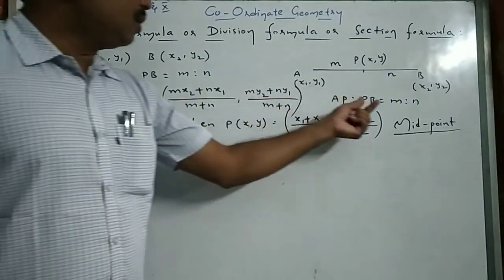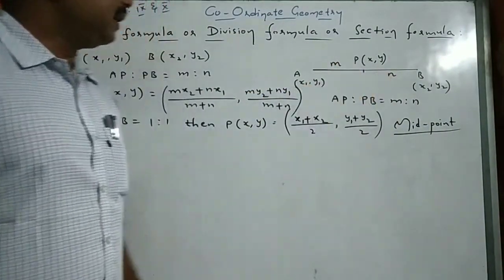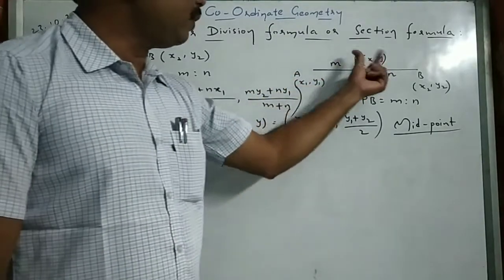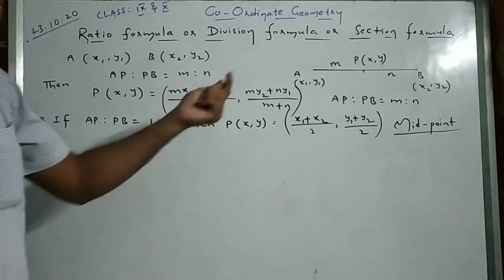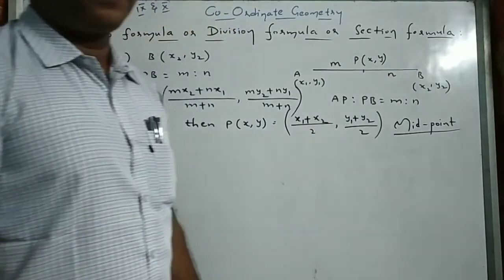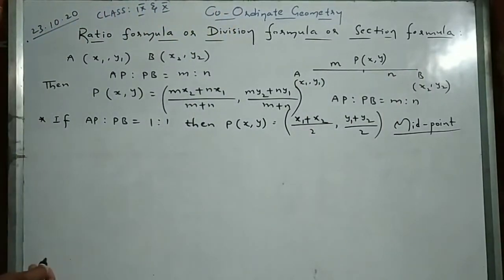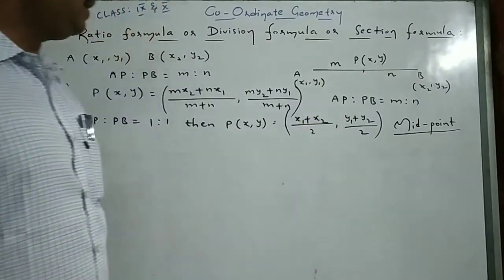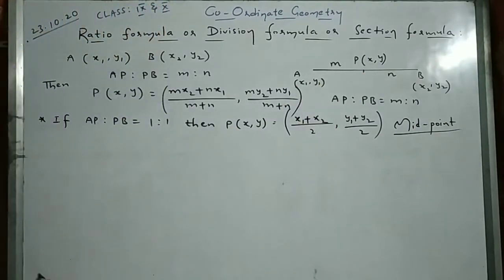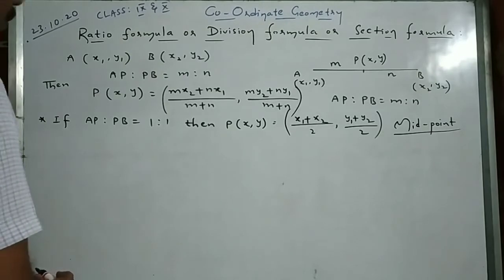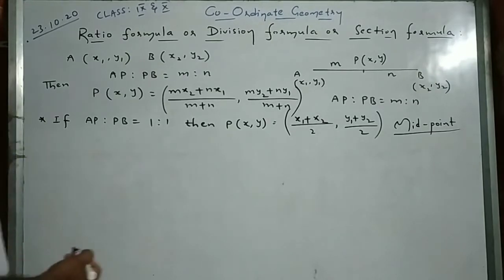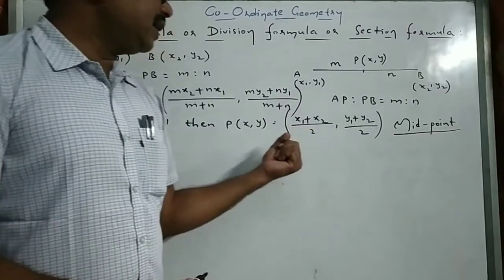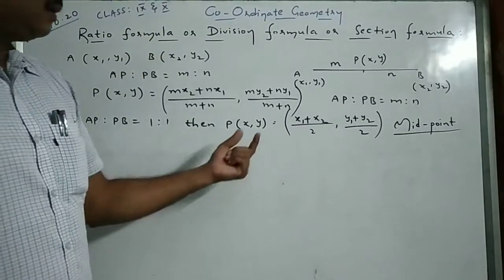If the ratio is 1 is to 1, this division point lies exactly in the middle of AB. That means P of x comma y is the midpoint of the line segment joining x1 y1 and x2 y2. So if the question is raised here, what is the coordinates of midpoint?